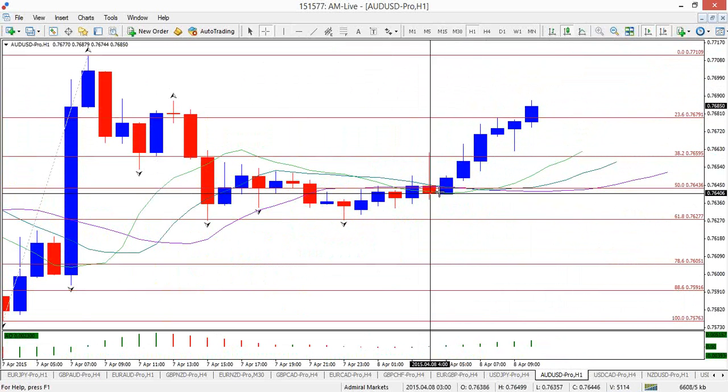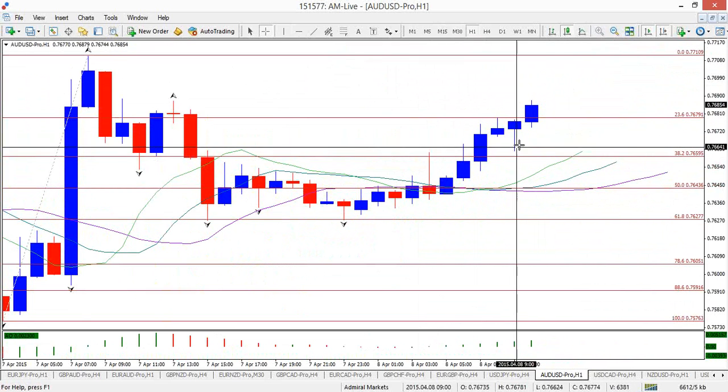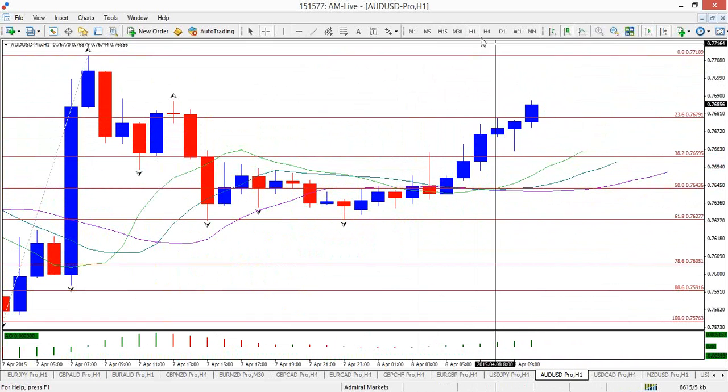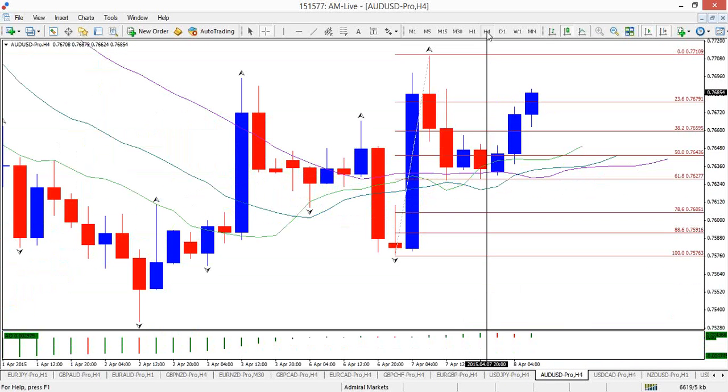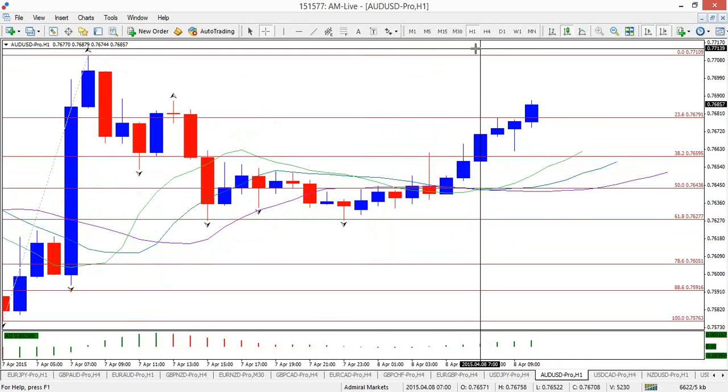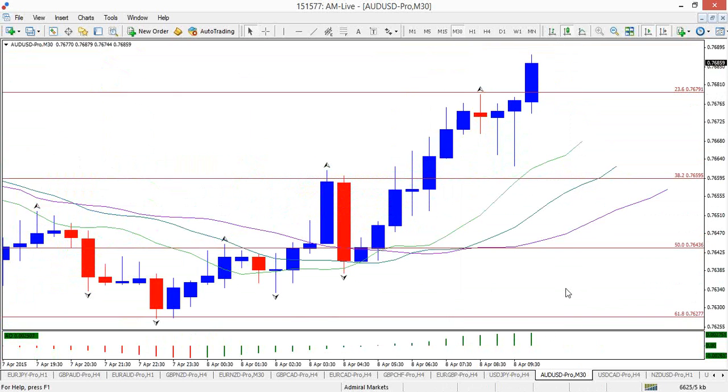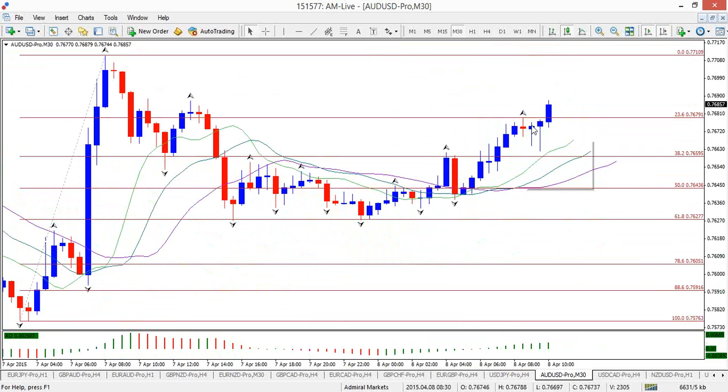It is a way of trading the momentum on the hourly chart, for instance. So that would be the way to do it, if you still want to catch part of this momentum.